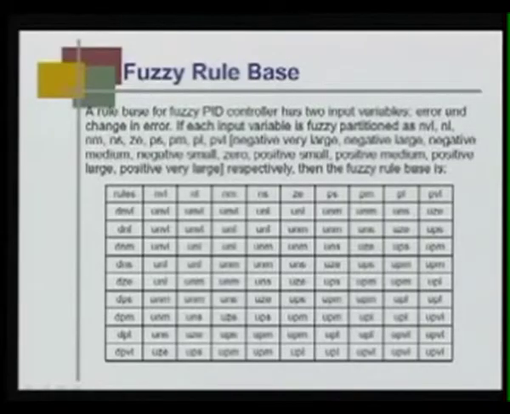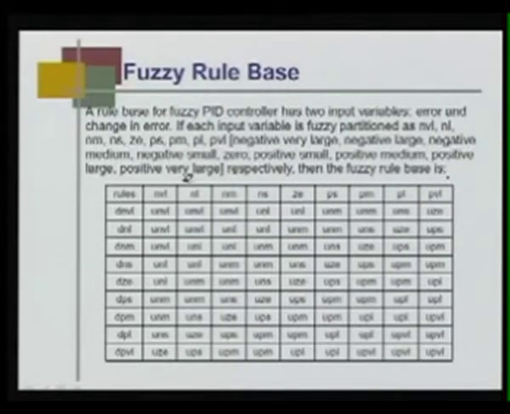So, once you fuzzify a crisp variable, we are almost very clear about the rule base. For example, a rule base for a fuzzy PID controller has 2 input variables, error and change in error. If each input variable is fuzzy partitioned as negative very large, negative medium and so forth until positive very large, then the fuzzy rule base is formed like this.